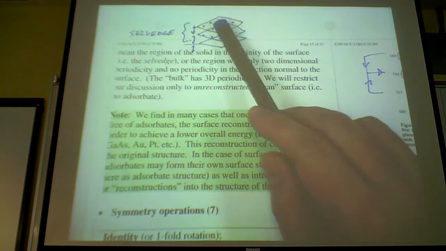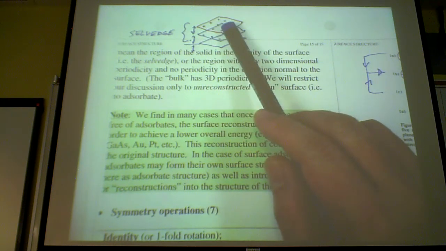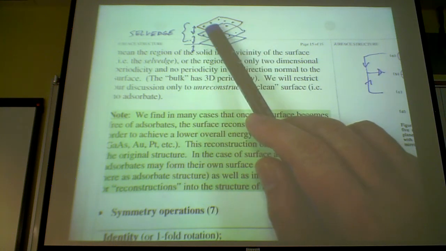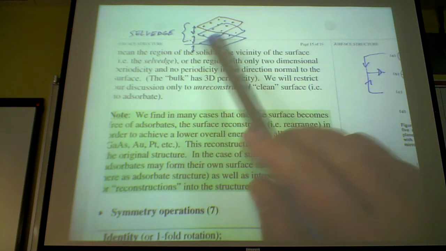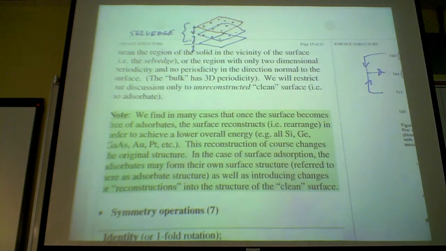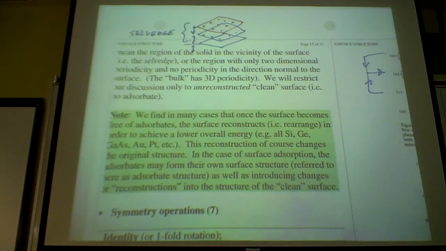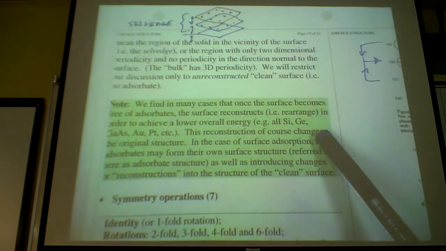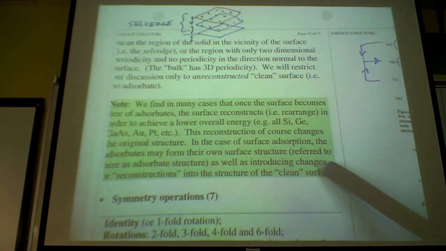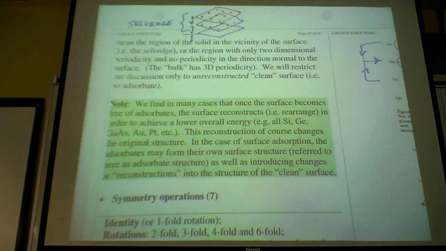So if you have a clean surface, the surface atoms move about, but once you put some adsorbate on top, it reverts back to a structure very close to the bulk for the first layer. So there are many interesting things that could occur when you put adsorbate on top of a clean surface.